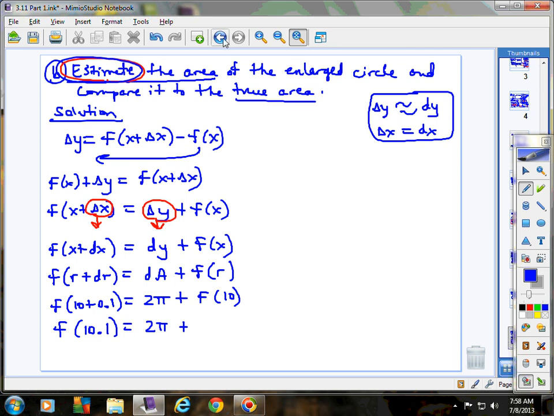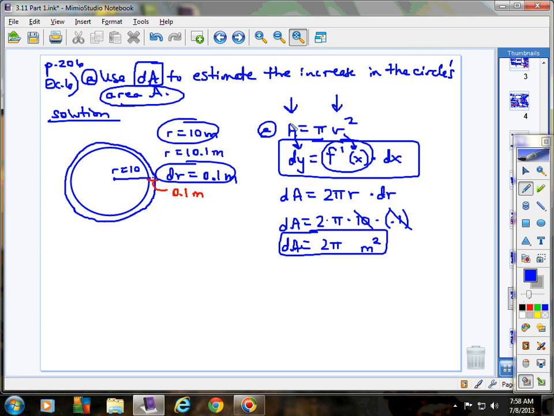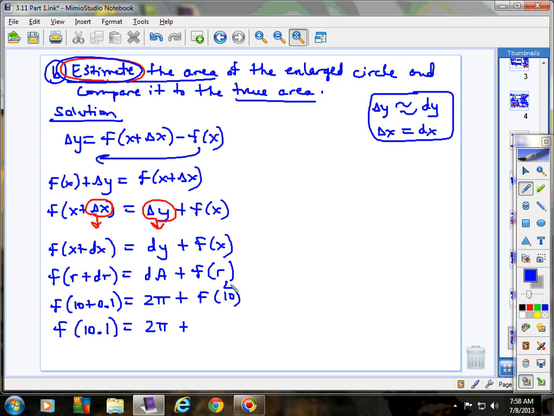So this is the function, this is the original. If you put 10 in and square it, what's 10 squared? 100. So it's going to be 100 pi, isn't it? Just a function of 10 doesn't mean use a derivative or a differential.